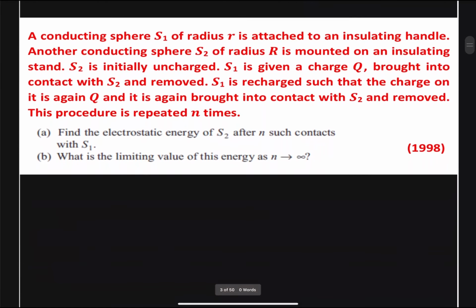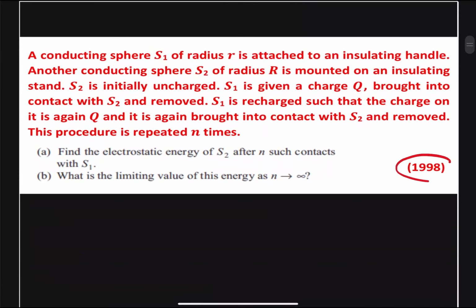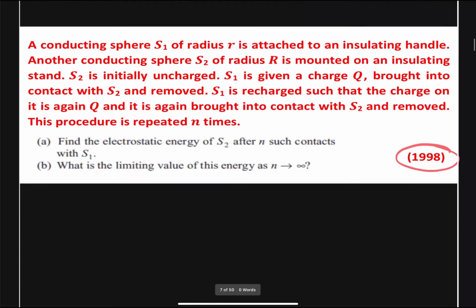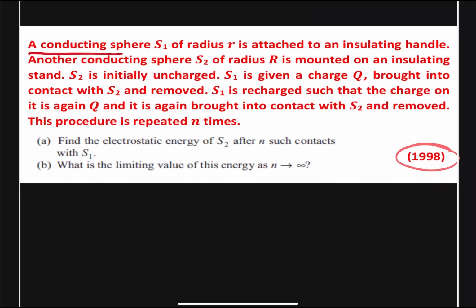Next question, and it was asked in the year 1998, and it states that a conducting sphere S1 of radius r is attached to an insulating handle. Another conducting sphere S2 of radius capital R is mounted on an insulating stand.